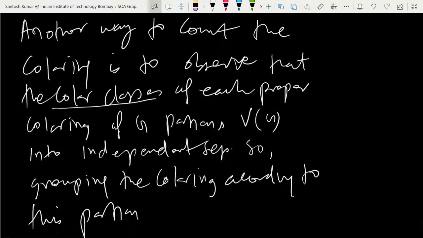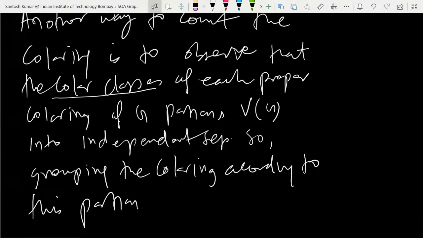Another way to count the coloring of a graph is to observe that the color classes of each proper coloring of graph G partition the vertex set of G into independent sets.